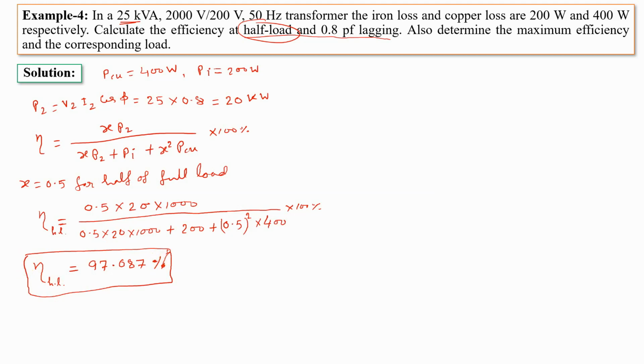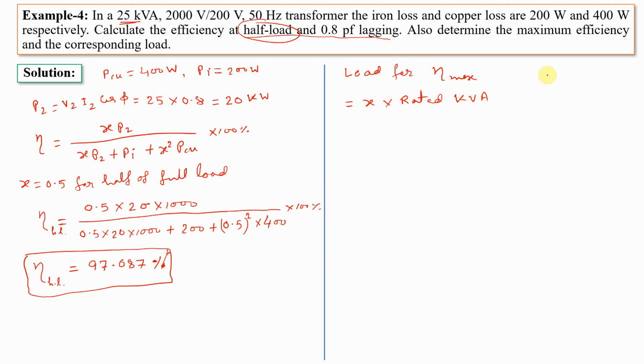In the second part, we have to find the maximum efficiency and corresponding load. The load corresponding to maximum efficiency is written in this format: load for maximum efficiency is equal to X into rated kVA. And what is X?